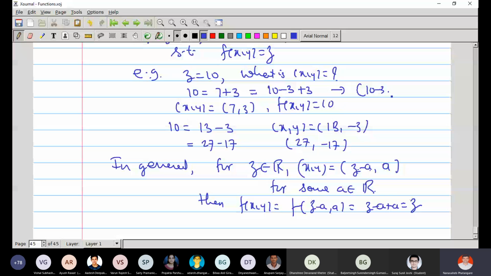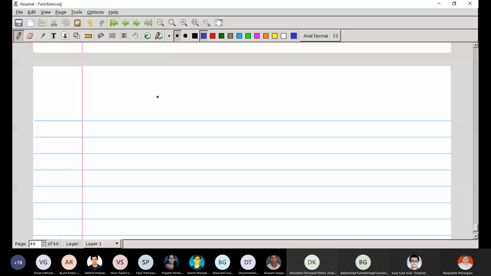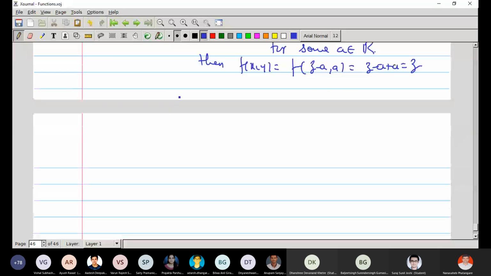That is the easiest element we can immediately produce, though there are many elements. Therefore, f is onto.